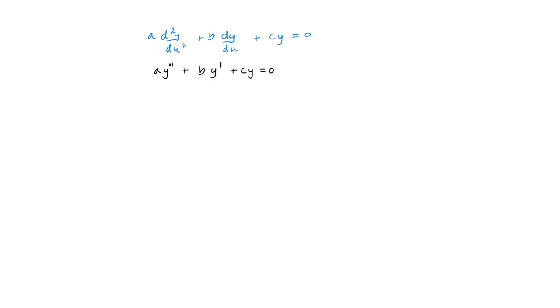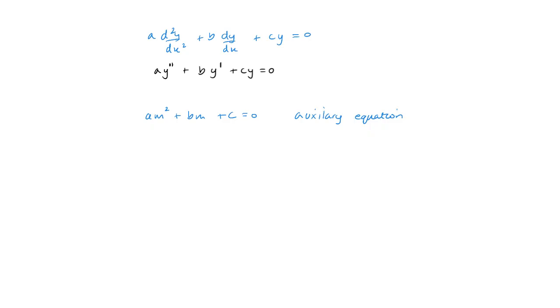So we've got an equation am squared plus bm plus c equals 0. This is known as the auxiliary equation. And the nature of the roots of this equation determines the general solution to the differential equation that we have here.